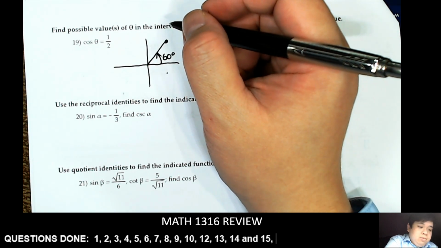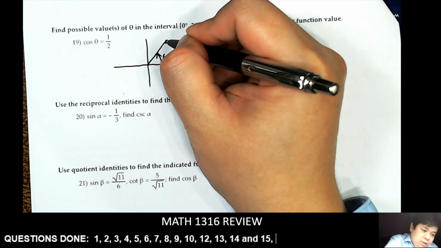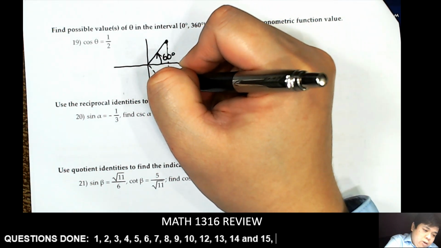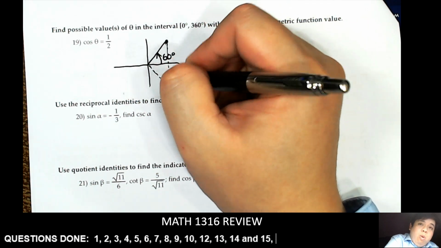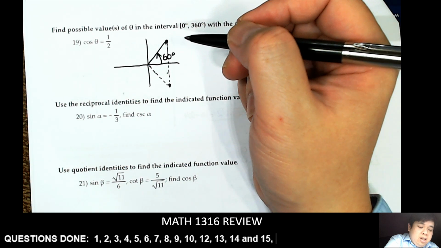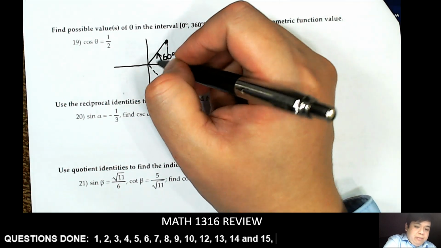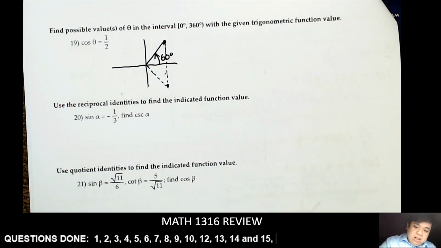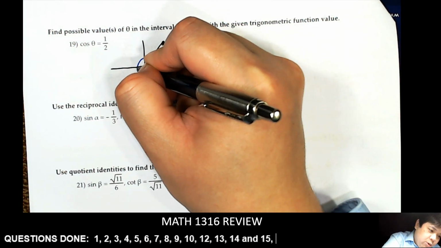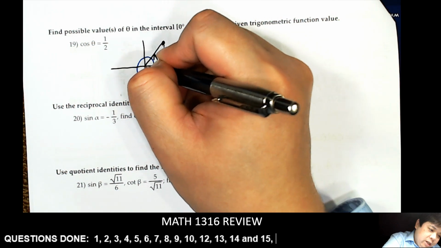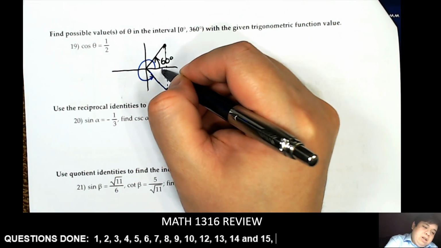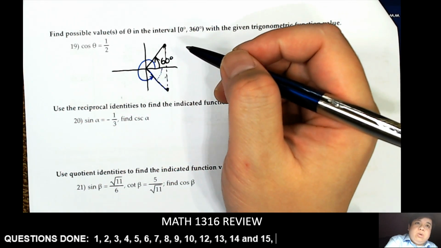And also there's a point here, because those two points will have the same x values and r is still the same. So either it's going to be 60 degrees or it will go all the way to here. If this is 60, that is also 60.